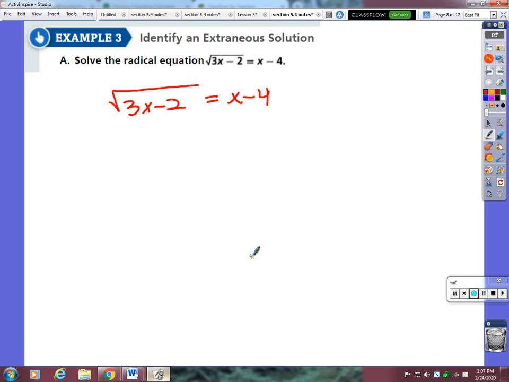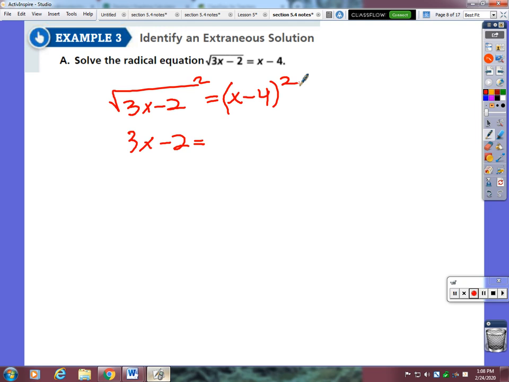Here's what you need to be careful of. When we square the left-hand side of this, the squared and the square root cancel each other out, and we're left with 3x minus 2. When you square the right-hand side, there is a temptation to write that as x squared minus 16. But that's not correct, because we are squaring the entire right-hand side of the equation, okay?